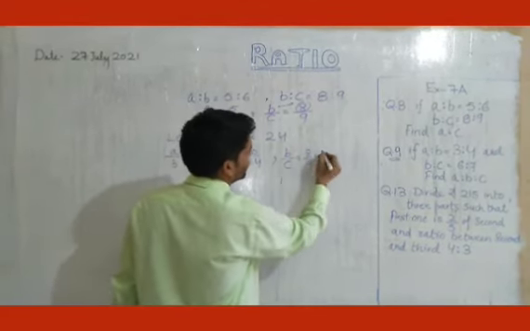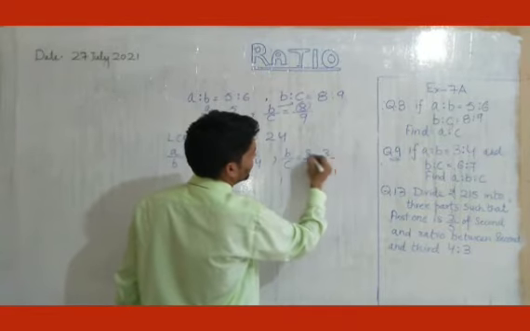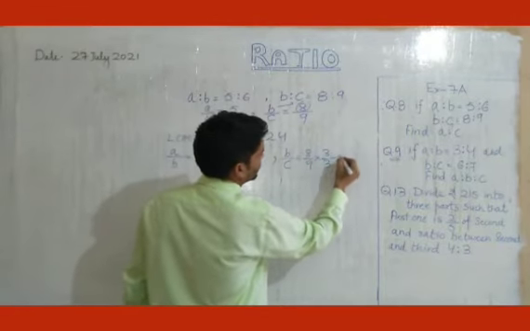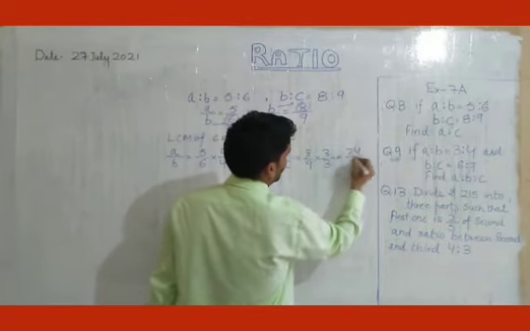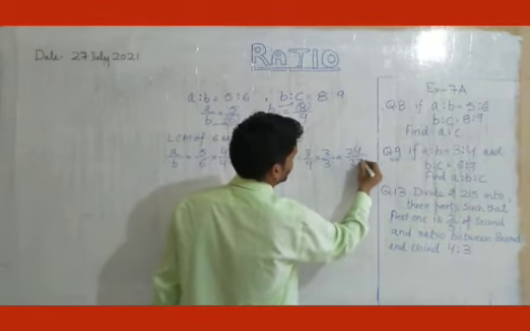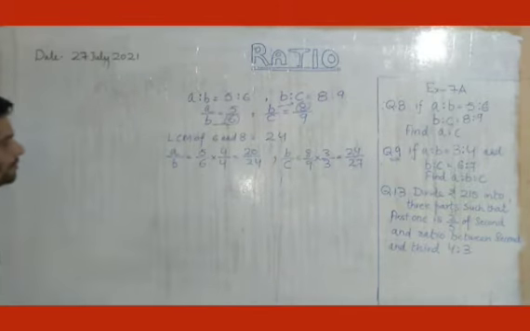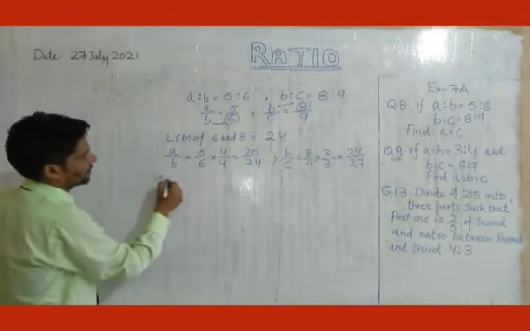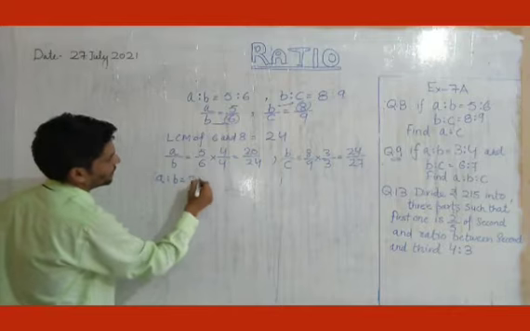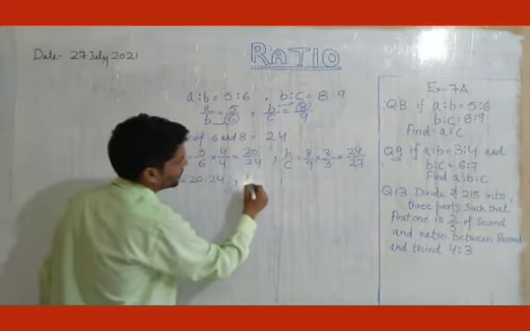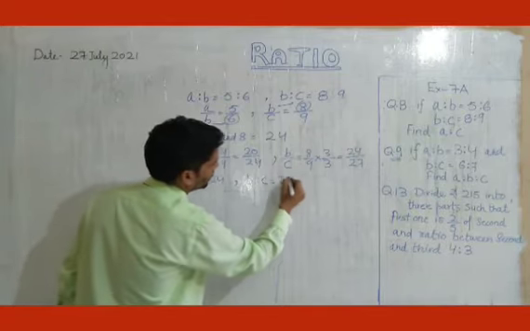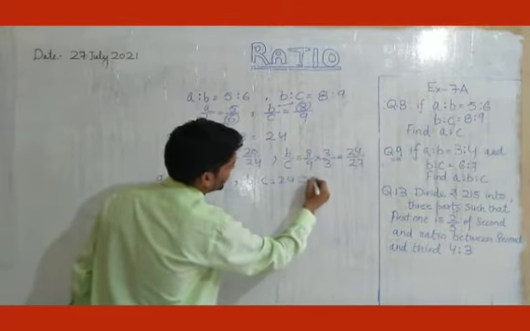We have to make this B 24, so we multiply with 3. 8 3s are 24 and 9 3s are 27. So A ratio B is 20 ratio 24 and B ratio C is 24 ratio 27.